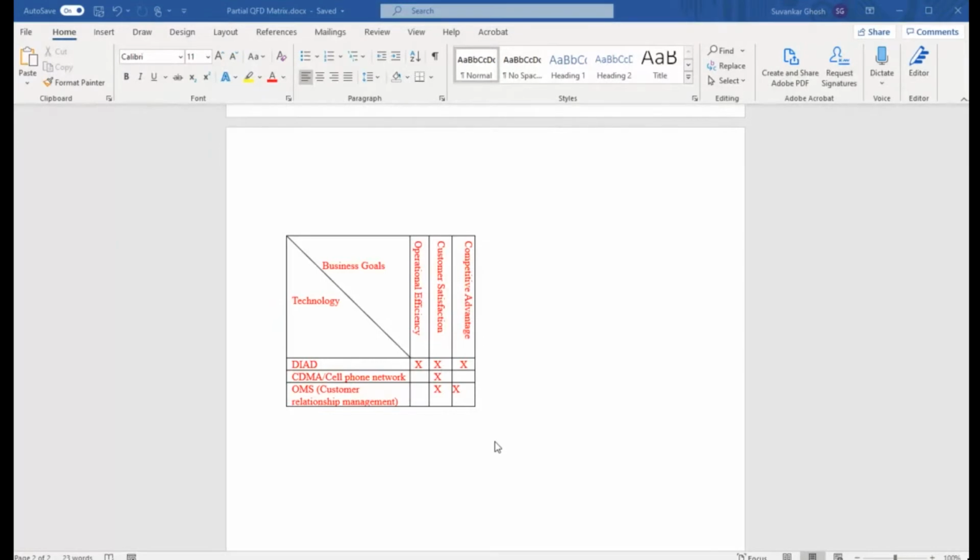Cost savings is an operational efficiency. So revenue and profit can be placed, but make sure that you are able to see a fairly direct connection between the technology and revenue and profit.